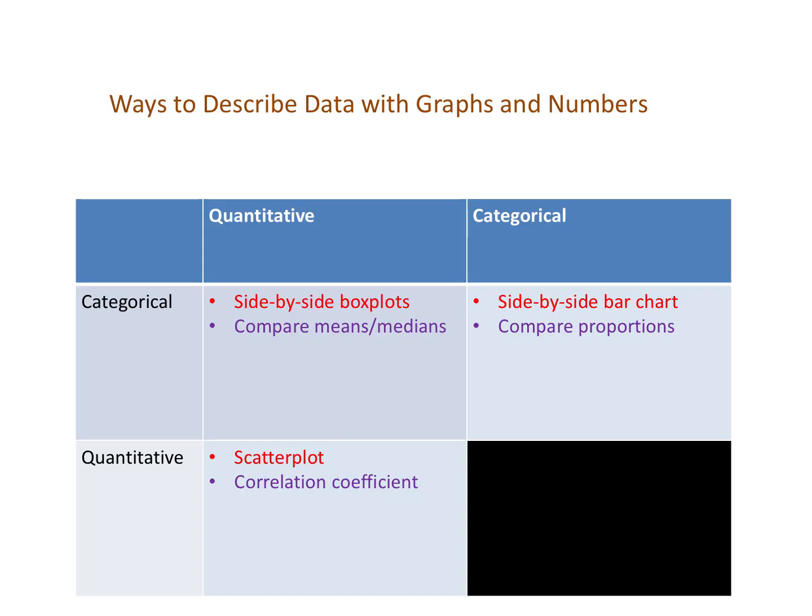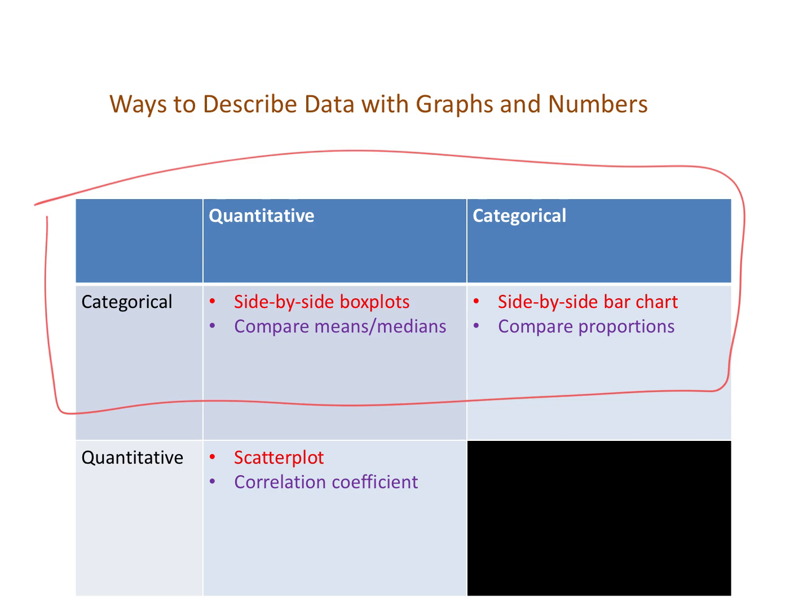Okay, so what we want to do in this video and in Part 2 of this lesson is to think about, when we have two variables, what are appropriate graphs and numbers to look at association. In this video, Part 1, we're only looking at these two situations. We're going to start off by looking at what we do if one variable is quantitative and the other is categorical.